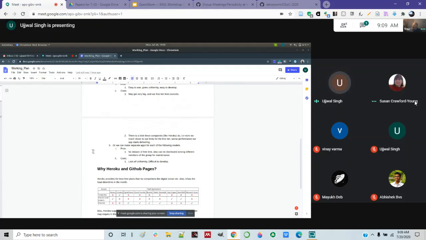This is going to be very beneficial, as there is no tension about free limits. As far as I know, if we are using different apps for different models, it is going to be under the free limit. It is a very, very rare chance that it is going to exceed the free limit.